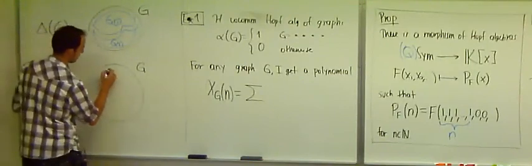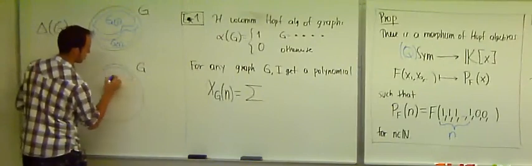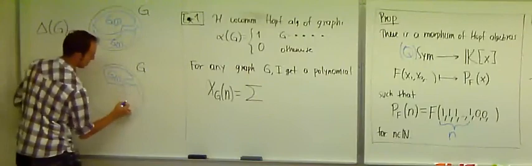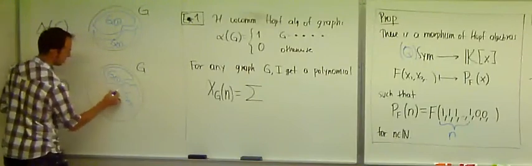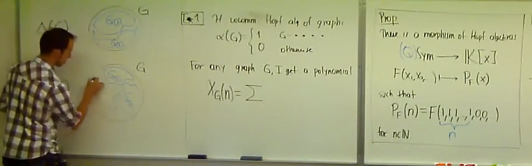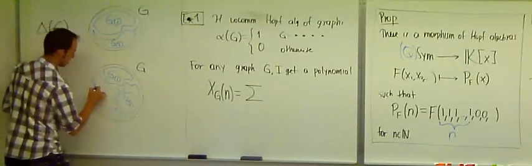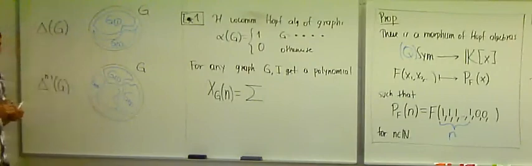Maybe this is one set, first coordinate, then maybe this is another set, second coordinate, and so on, until the nth coordinate.